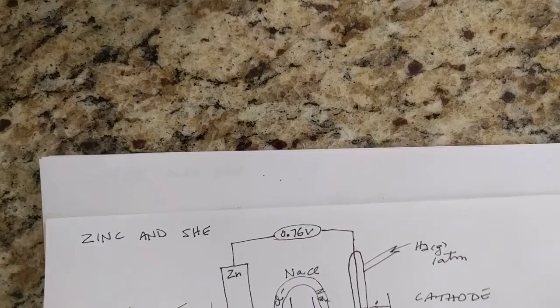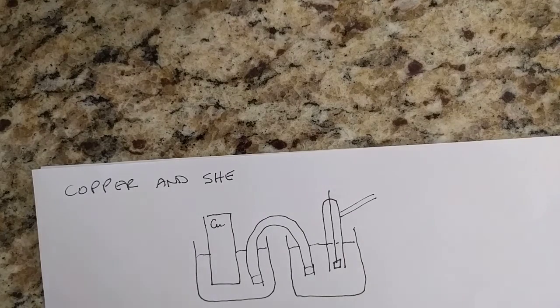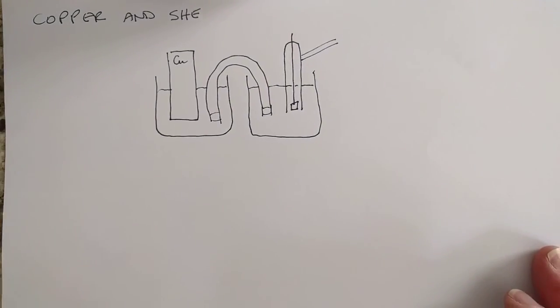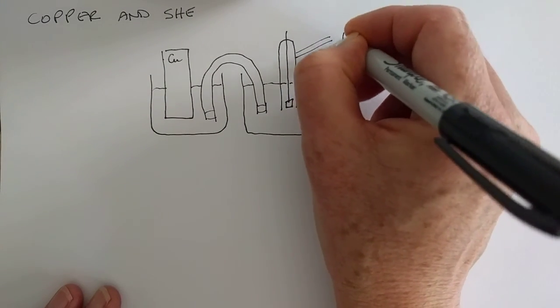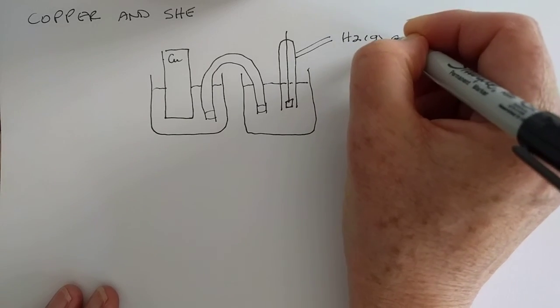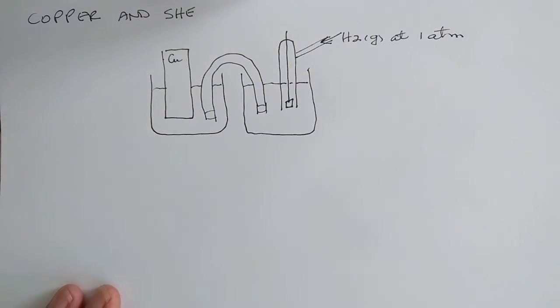So we do the same thing for copper and the standard hydrogen electrode. All right, so again, we have H2 gas at 1 atmosphere coming in, so you need some kind of hydrogen tank that is hooked up.